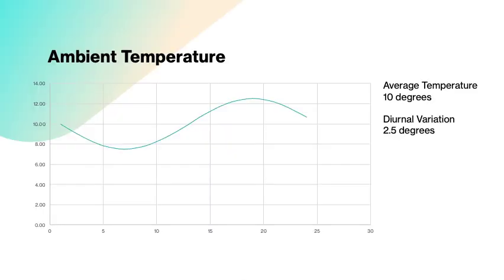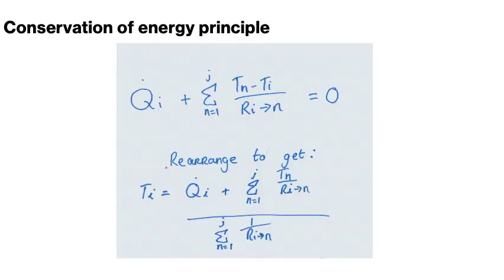In the previous slide, I showed you the temperature which I found for the ambient temperature, and I found this by applying a sine value and a diurnal variation of 2.5 degrees. The average temperature in Ireland all year round is usually about 10 degrees Celsius. So as the temperature changes throughout the day, we found this sine wave, which we applied to our temperature.